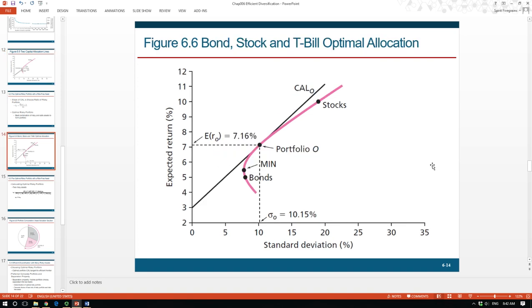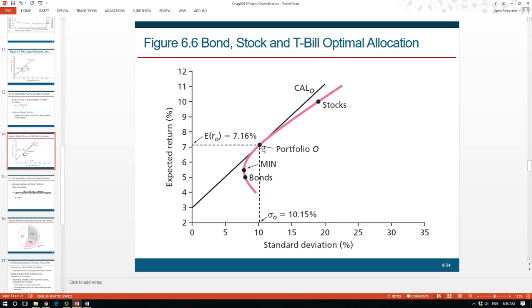So when you look at this picture, this is the process that we utilize to find an optimal portfolio between stocks and bonds. This point can be found by moving the capital asset allocation line to the left to a point where it is tangent to the efficient frontier. At this point, we call it portfolio O, or the optimal portfolio.